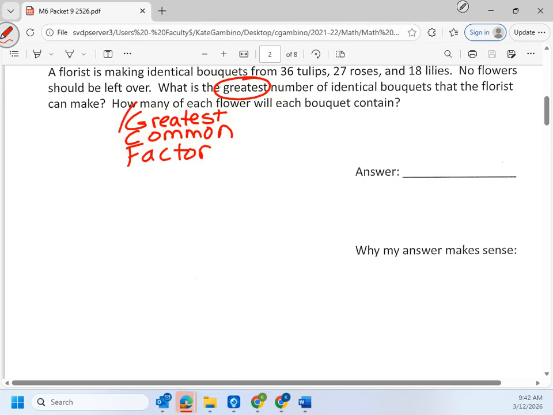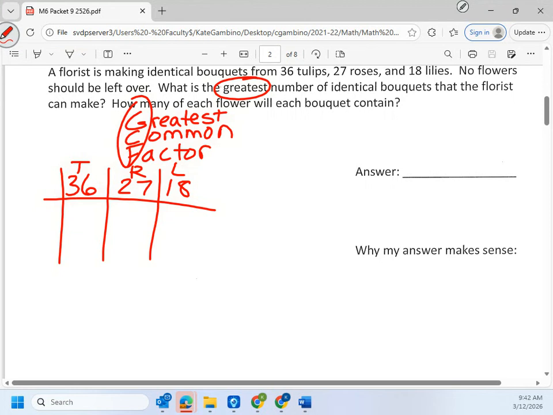It has been a while since we did the GCF, the greatest common factor. So one way we found that, remember, was we did our table method. We had 36 tulips, 27 roses, and 18 lilies. Remember, you look at those 3 numbers and say, what factor can I divide out of those numbers?